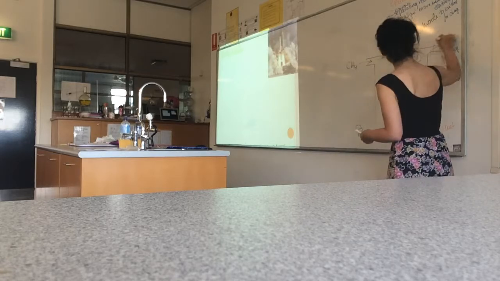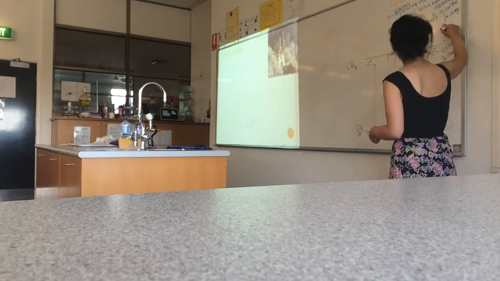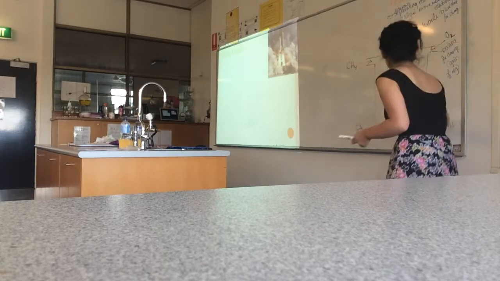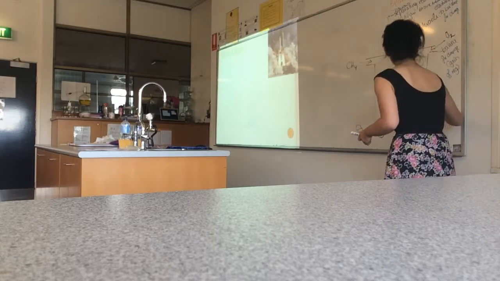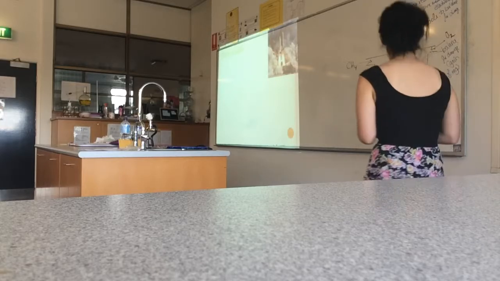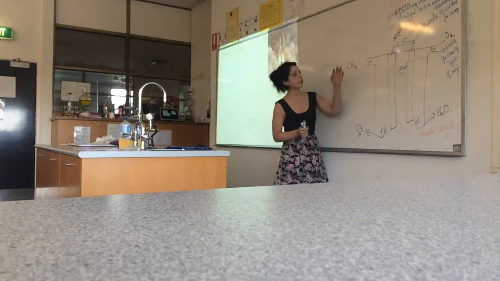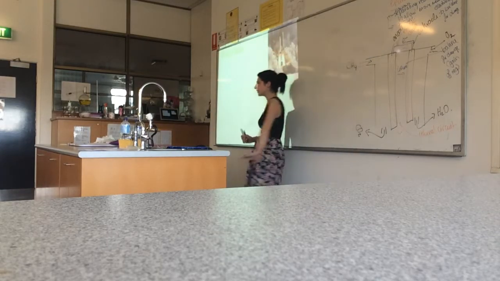Then they might tell you that we have oxygen going in this way, and coming out of here we have H2O. Now, can you guys use oxidation numbers to tell me if I've correctly identified this as the anode?